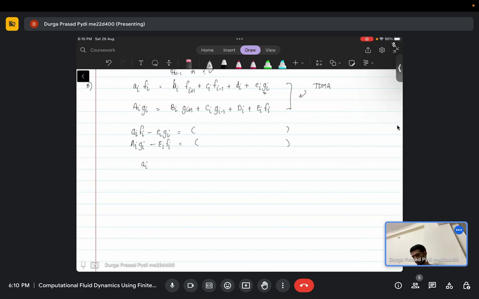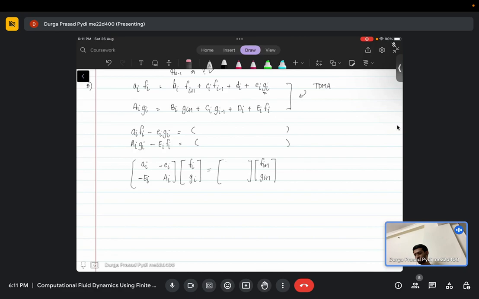So you just write ai. What I'm trying to do is write it in matrix form. This will be Fi Gi. So what I have here is ai 0, and then you have minus Ei, and then ai, equals, I can write similarly here, Fi plus 1, Gi plus 1.